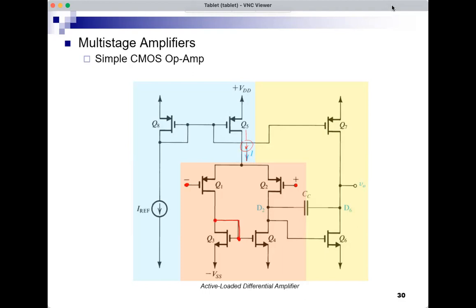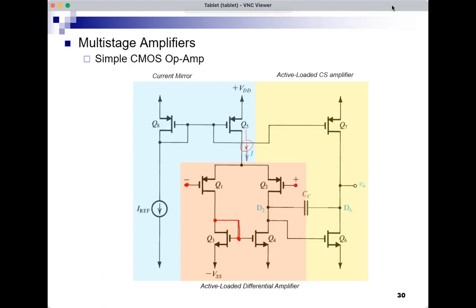We can implement the active loaded differential amplifier using P MOSFETs at the inputs and N MOSFETs as active load. Q5 and Q8 are obviously a current mirror. Q5 is mirroring IREF to produce the current I. The current I is the current biasing the differential amplifier.